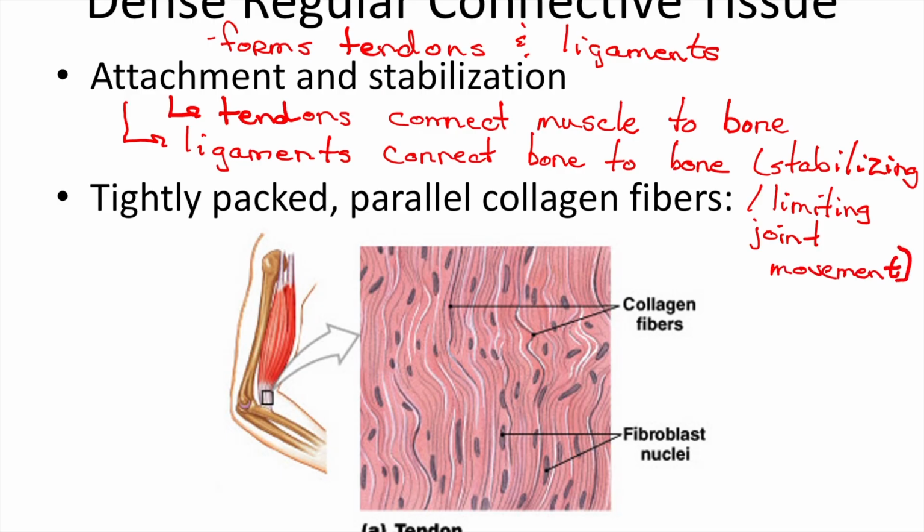And if you look at dense regular connective tissue under a microscope, what you're going to see is a few fibroblasts, but it's primarily going to be densely packed collagen fibers, all running in the same orientation.